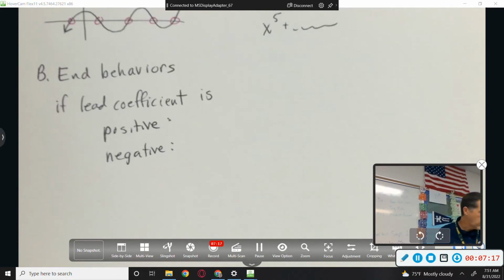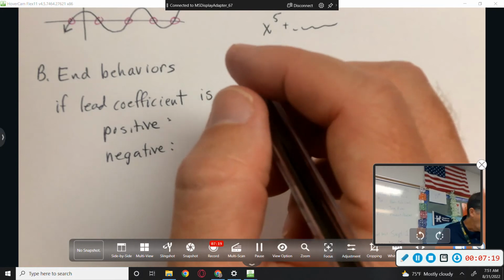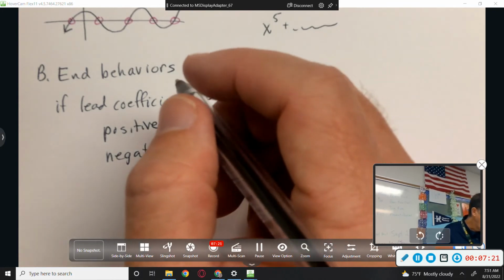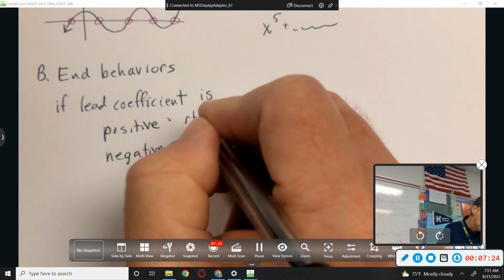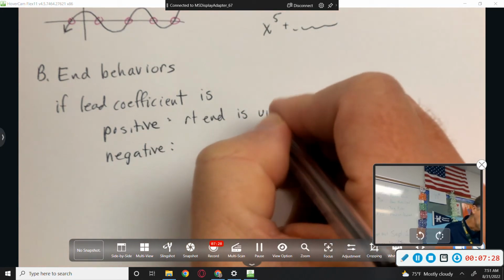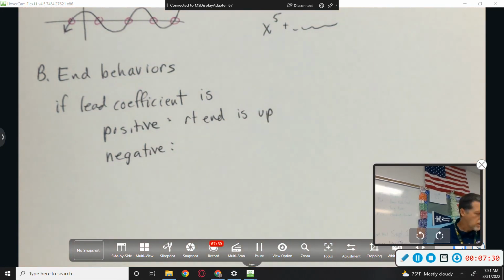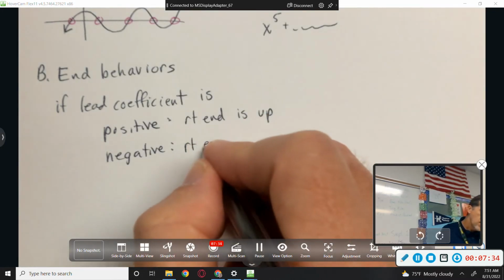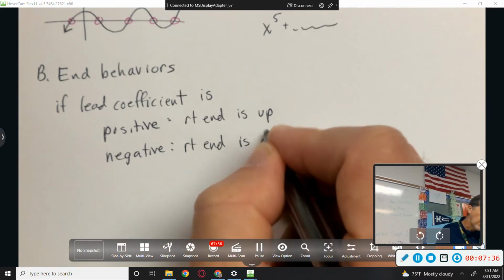If the lead coefficient is positive, then the right end is up. If it's negative, the right end is down.